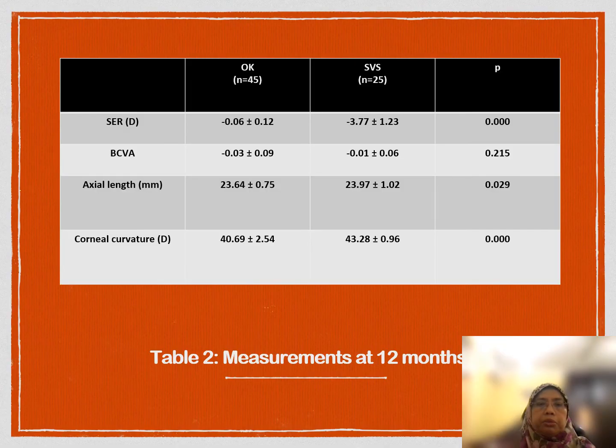And Table 2 showed measurements at 12 months where we compared the results of spherical refraction, best corrected VA, axial length and corneal curvature between both groups, and the results showed significant differences in all measurements except best corrected VA.